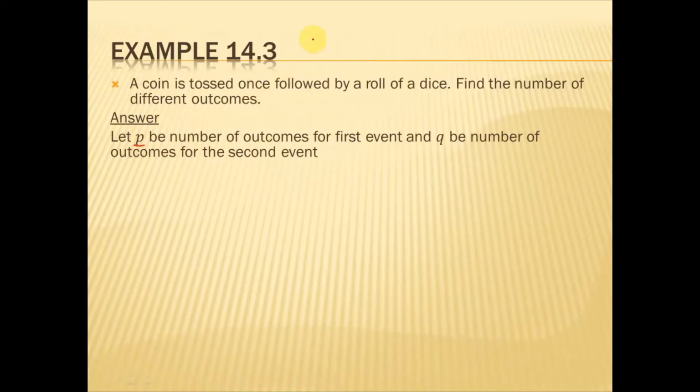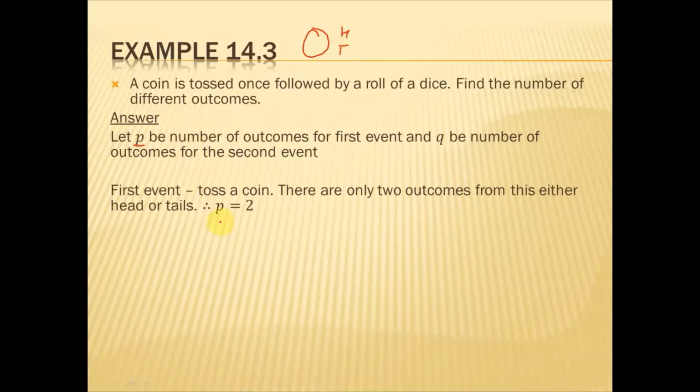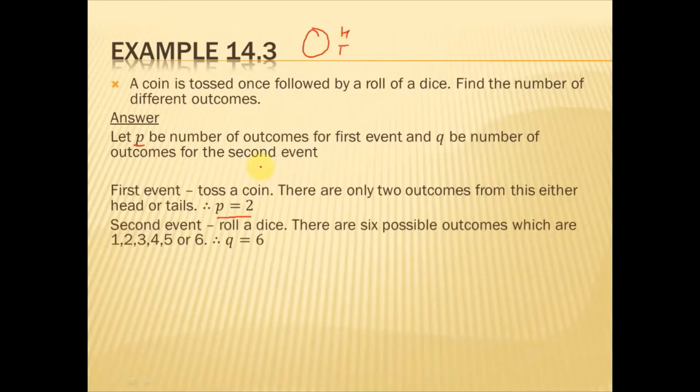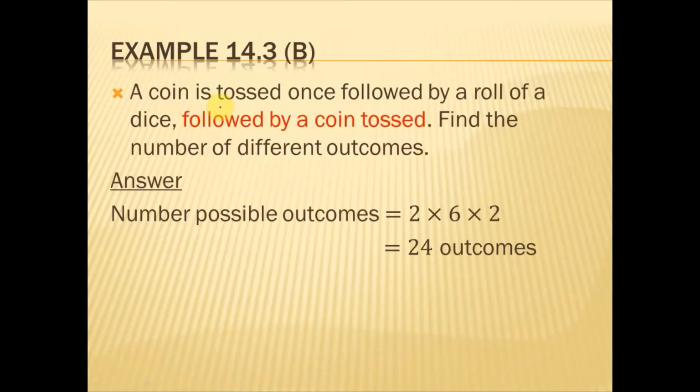We know a coin toss has two outcomes, heads or tails. Therefore P is 2. And from the roll of the die we know there are 6 faces, so there are 6 outcomes. Therefore the number of different outcomes for this whole event, coin toss followed by a roll of a die, is just P times Q, 2 times 6, which is 12 outcomes. Okay, easy.